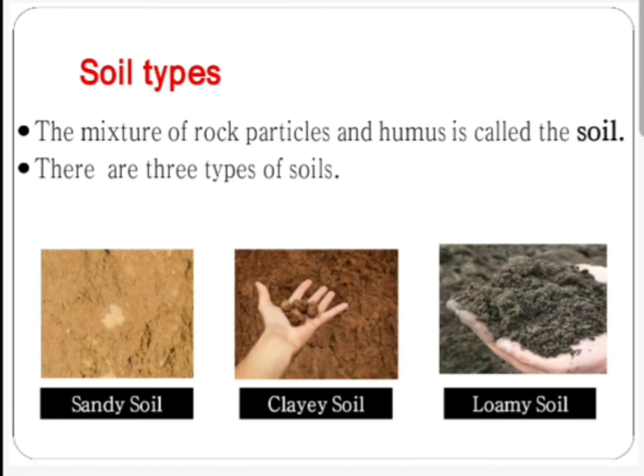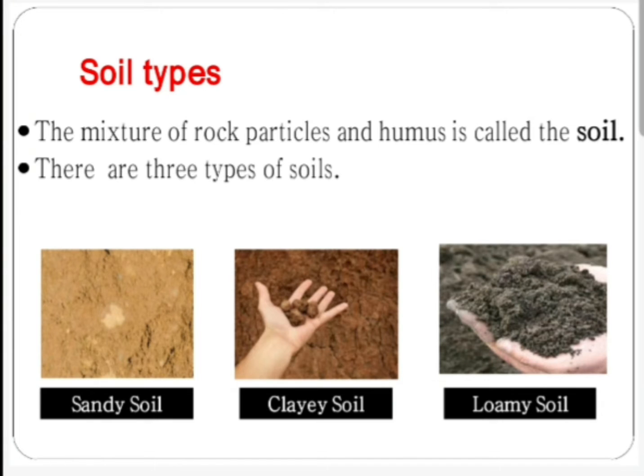The mixtures of the rock particles and humus is called soil. Okay, and living organisms such as bacteria, plant roots, and earthworms are also important parts of any soil.